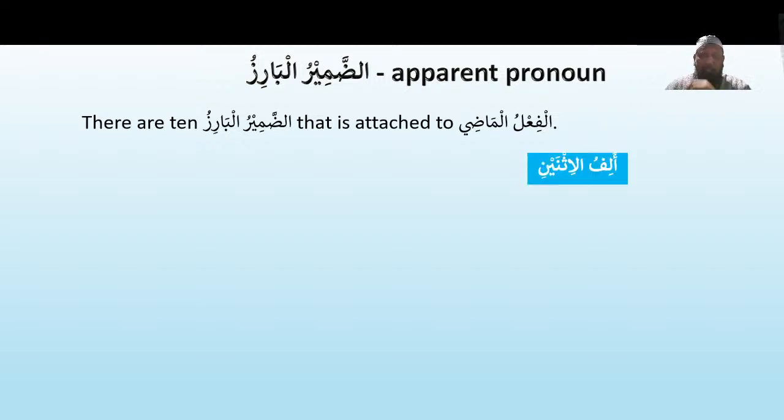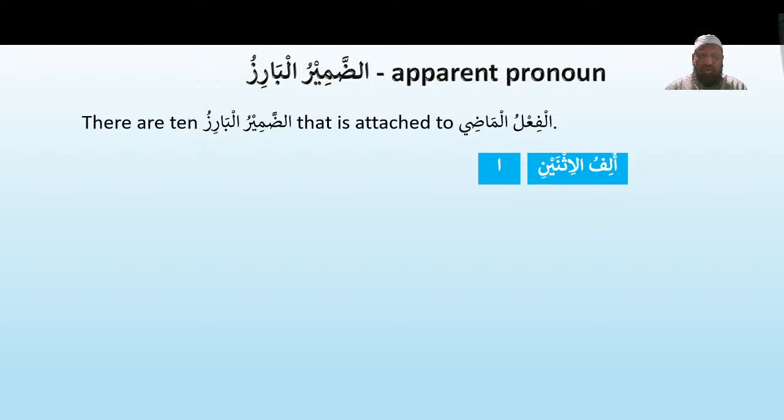What are they? Number 1, we call it aliful ithnaini. It tells us the meaning. This alif is used for dual. Aliful ithnaini. And that is the alif. Ad-damir al-bariz, because we can see it, is visible.